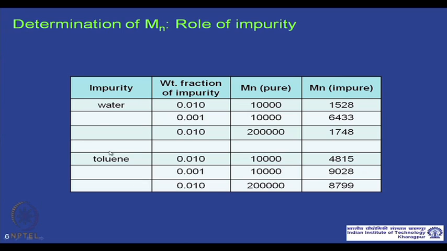To give a specific example, if the Mn for the pure polymer sample is 10,000, and we have 0.01 weight fraction of impurity, then the measured Mn of the impure sample would be about 1500.